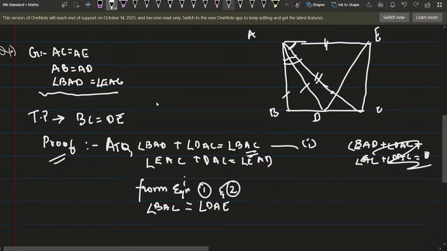How? See, this BAD, this DAC and DAC get cancelled. So BAD left out. Sorry.